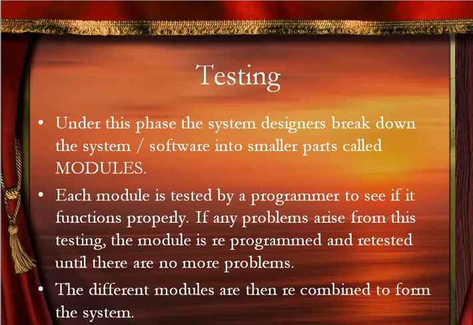And if any problems arise from the testing, the programmer redesigns the given module until there are no more errors occurring. Once the different modules have been tested and you have made sure that no errors are arising, everything is perfect, that's when the different modules are combined together to form the system.